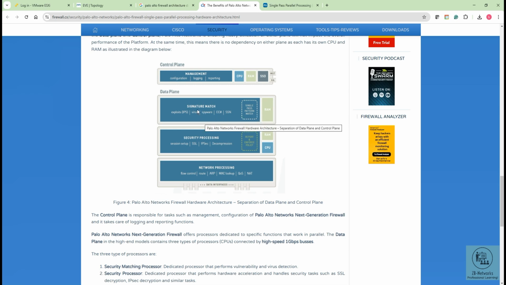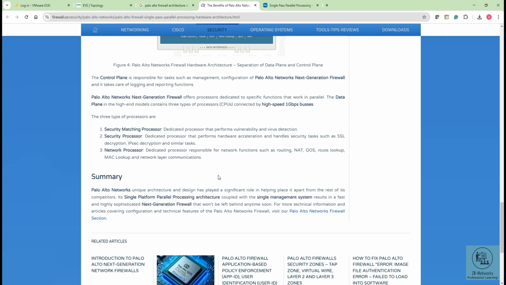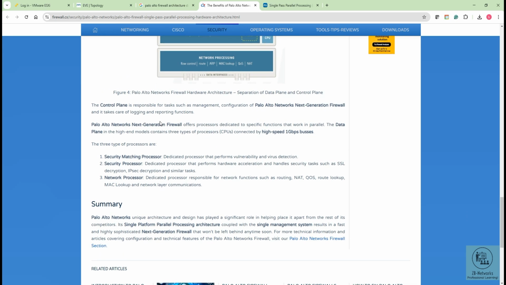It will look for signature match. It will have a separate processor for security processing, and a separate processor for network processing, which will do the respective job as shown here, right? For network processing, let us say flow control, route lookup, ARP or routing, MAC lookup, NAT, QoS, all those things are part of your network processing. And for doing that, a separate CPU and a separate RAM are given to it, right? So this is, as I've told you already.